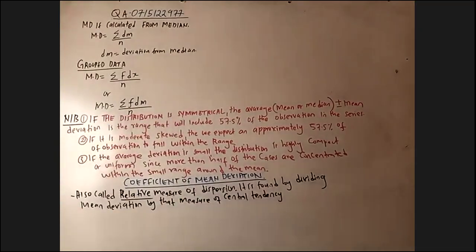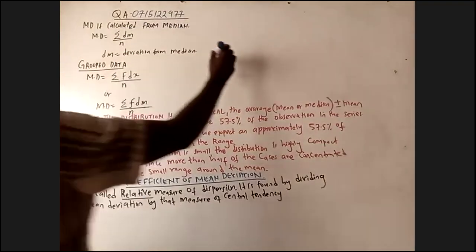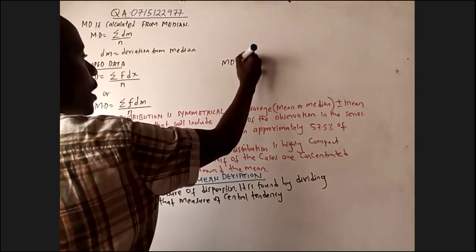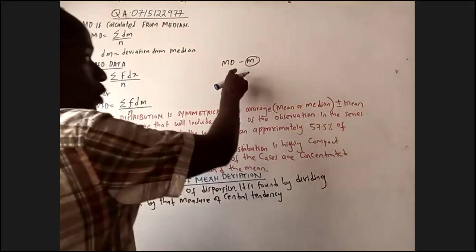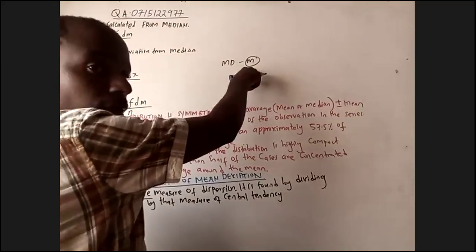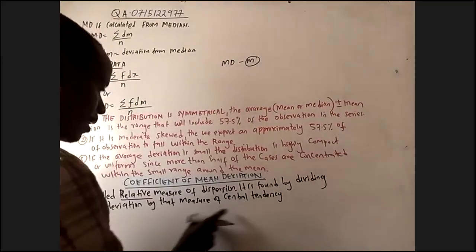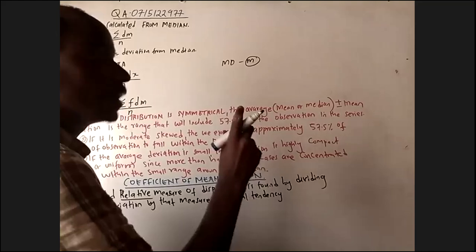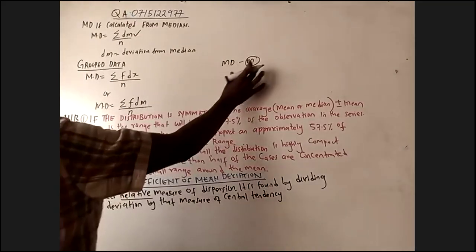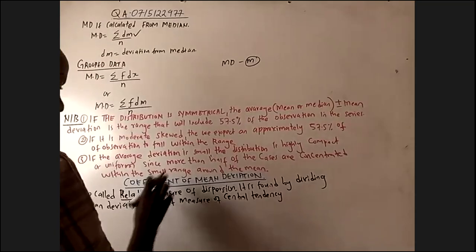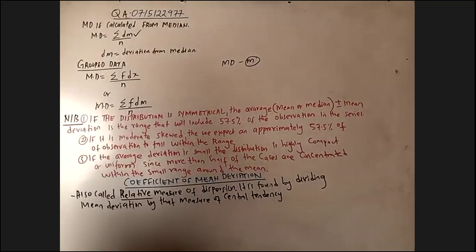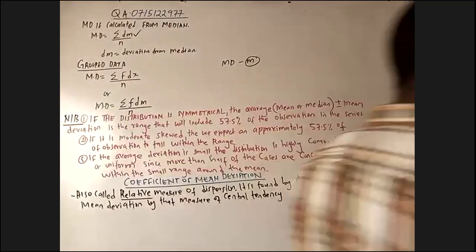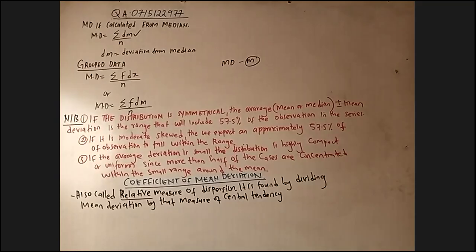So if you used the median to calculate the mean deviation, you divide by the median. If you used the mean, you divide by the mean. That depends on the question.